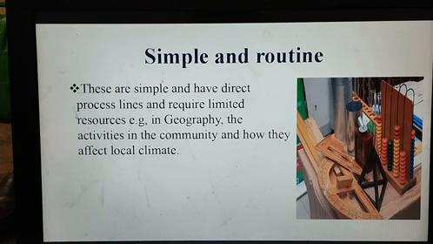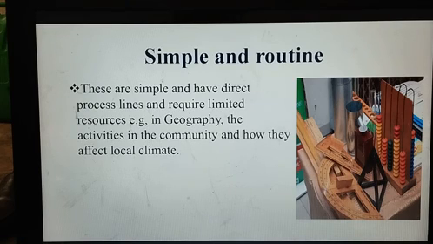So that's why I told you that all projects, the 4 types, have direct process lines. For you to come up with a product, all resources must be available and linked. For the product to work, to solve the problem, all resources must be available, working, and also linked. That is the meaning of direct process lines.